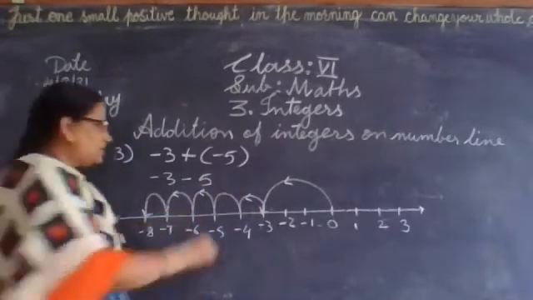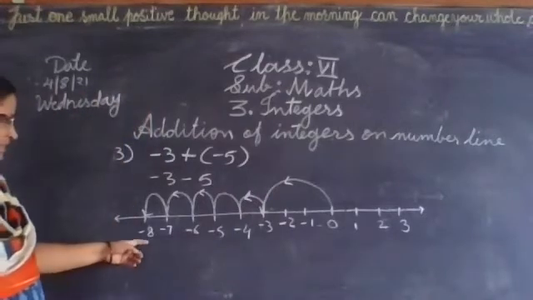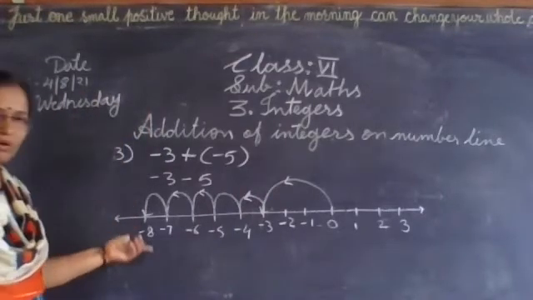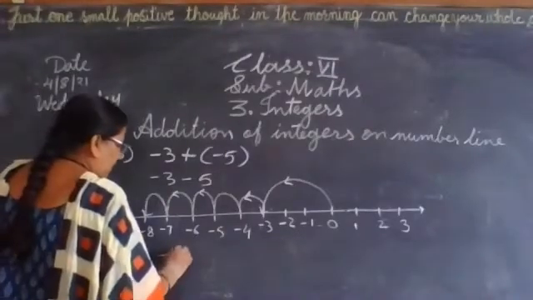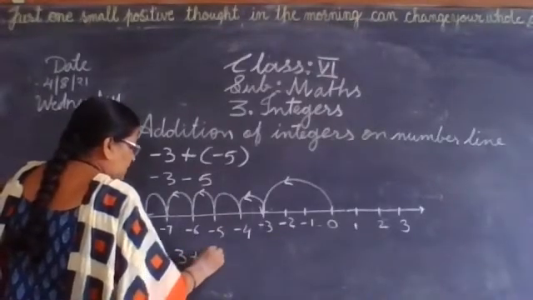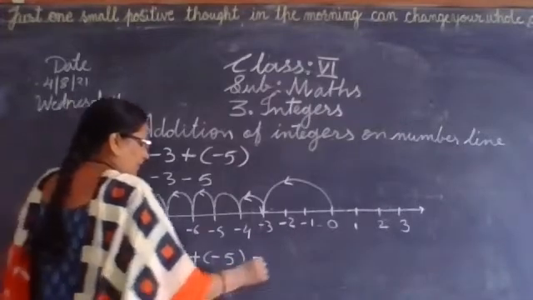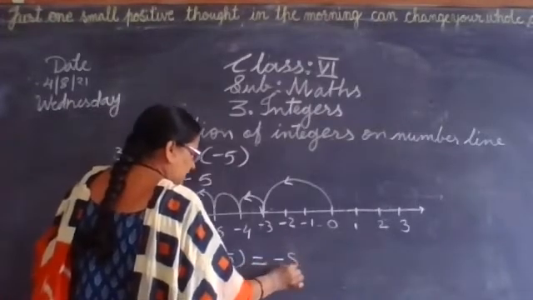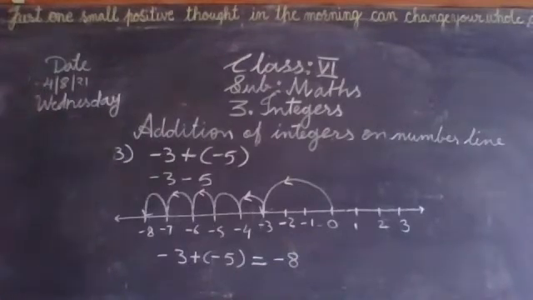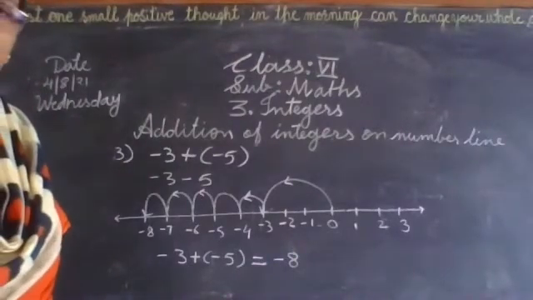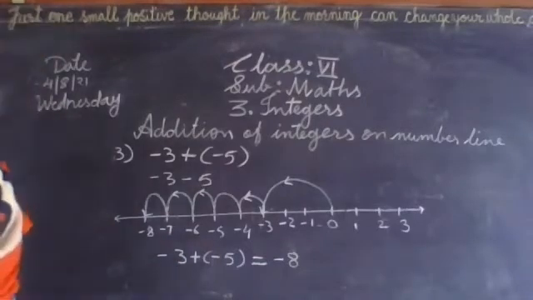Okay. Here the direction is left side. So where did we reach? We reached on -8. So what is the answer of this? -3 plus -5 equals -8. Got it, beta? So in this way, you can do the addition using number lines.